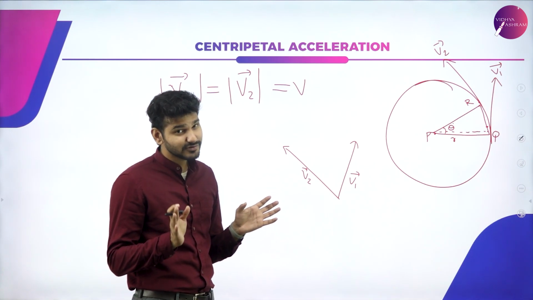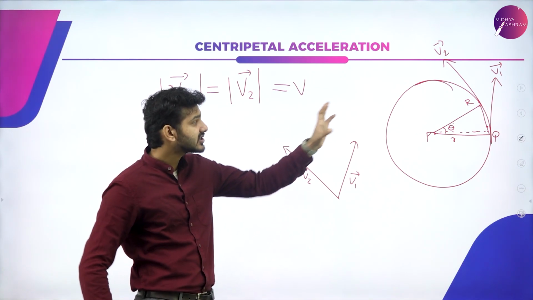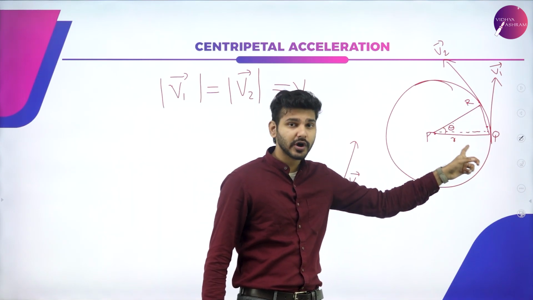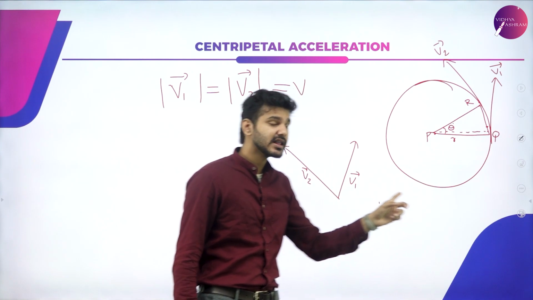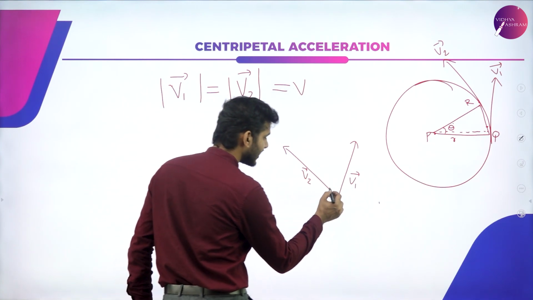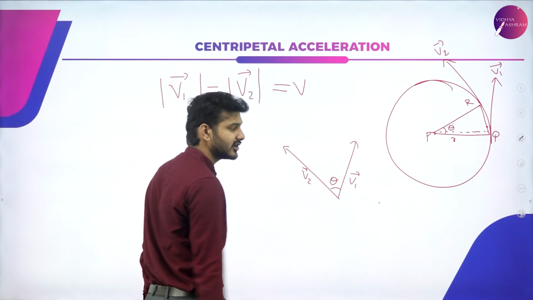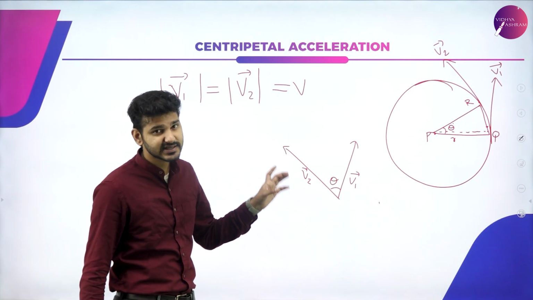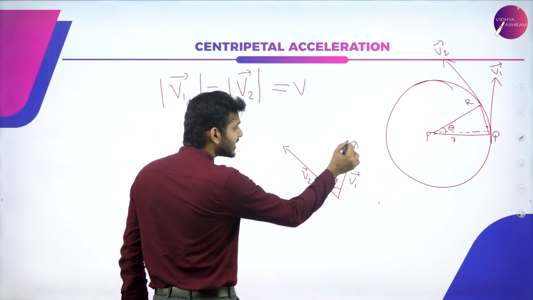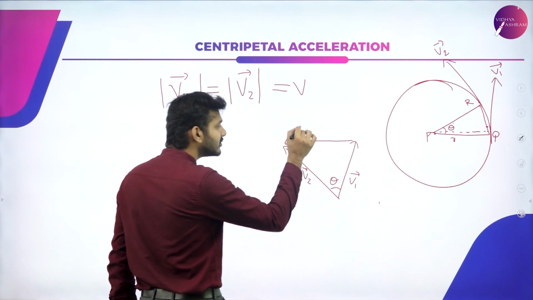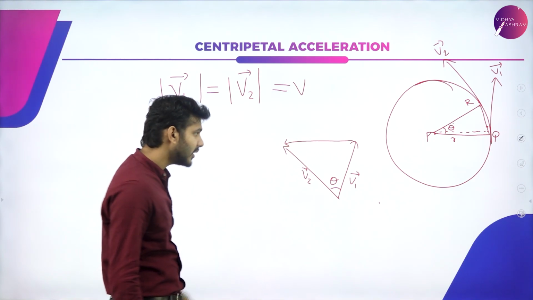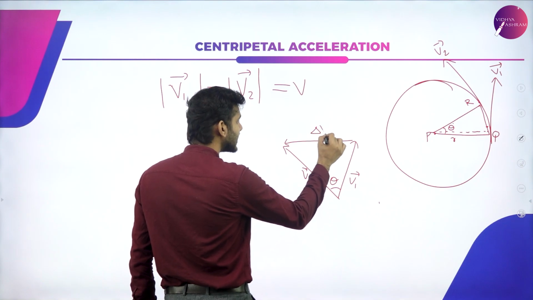Now we have to remember that if two tangents are taken out like this, and the angle between the 2 points is theta, then the angle between the tangents will also be theta. That is a result you have learned in your 10th standard. So this angle will also be theta. Now one thing you have to believe me is that if I close this triangle like this, then this particular vector will be delta V.